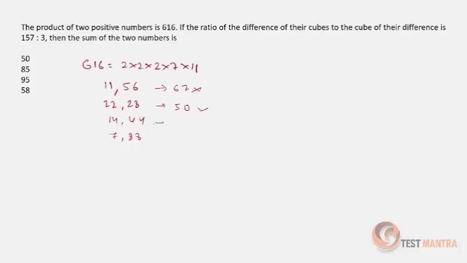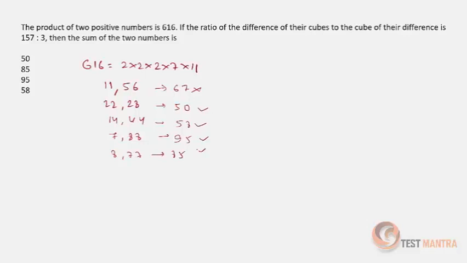Then this one is nothing but 58, which is also available in the options. 88 plus 7 is nothing but 95, which is also available in the options. And let's see if any other combination is possible or not, right? So we have taken 7, 11, then I can take 8, 77, which is also 85. That means all the variations are available here, right?